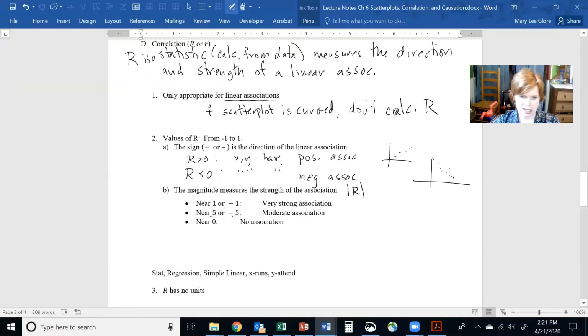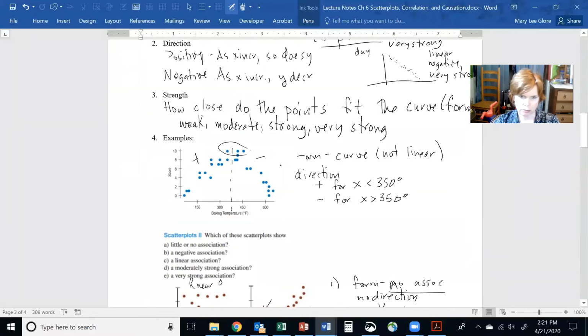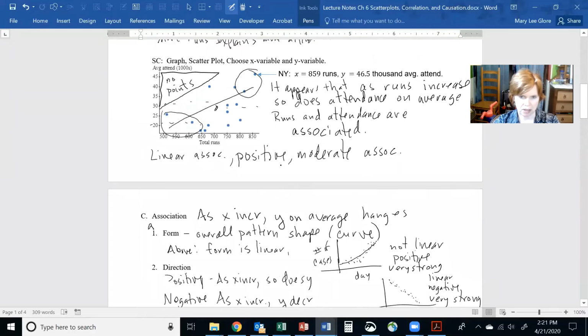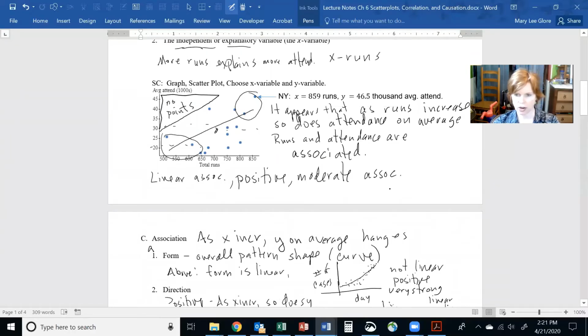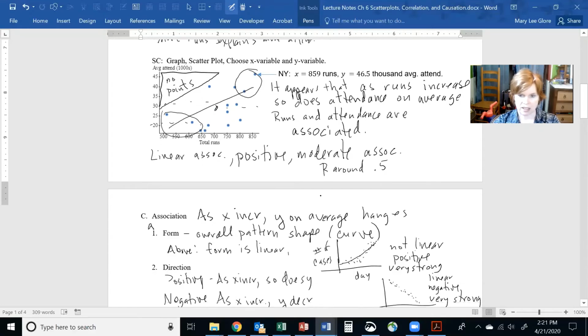So if we said this was moderate, then we would think R is around, and it's positive, so maybe around 0.5. Now it might be 0.6 or 0.4. It's hard to guess R unless it's very strong.